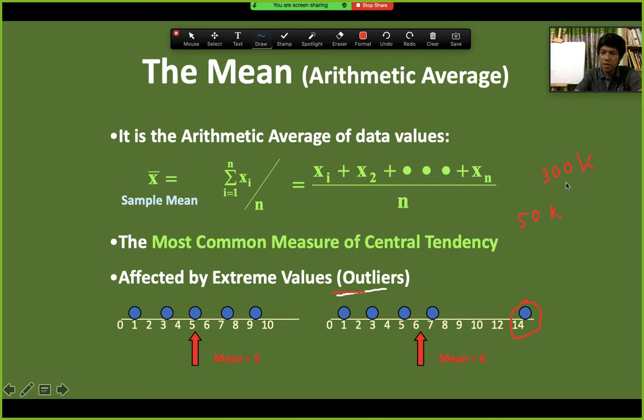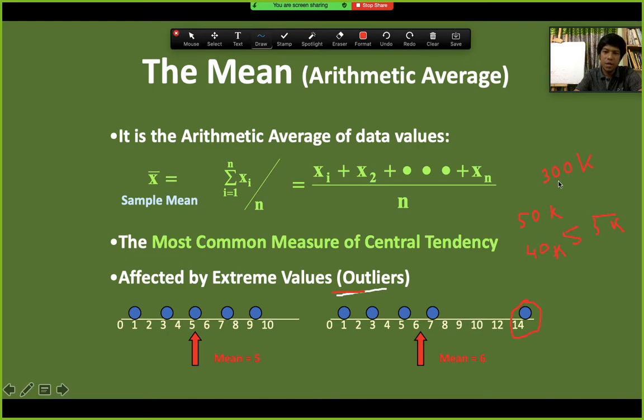So you see, this 300k will affect this value all of a sudden. Suppose you take the average of three people: one is 50k, one is 40k, one is 55k, which is natural in that locality. People's income is more or less close to 50k.